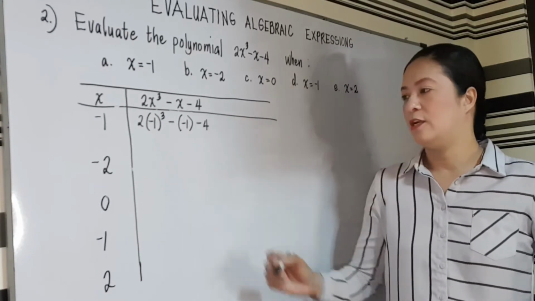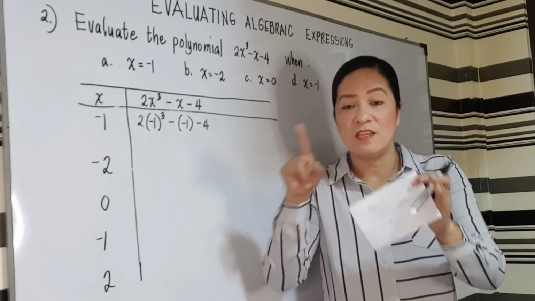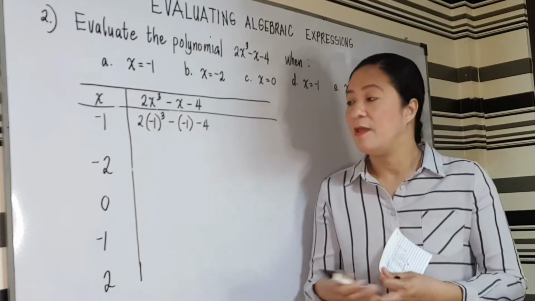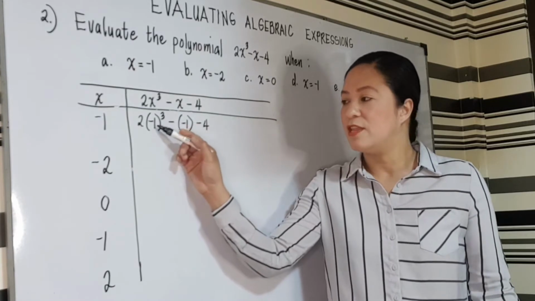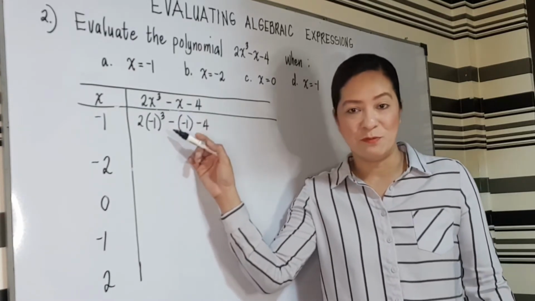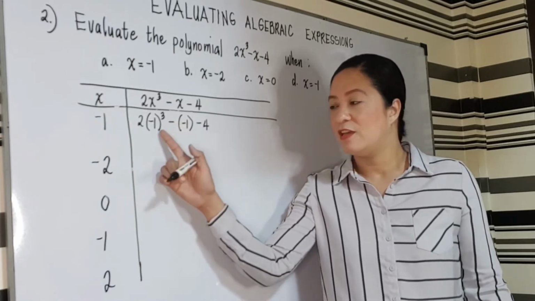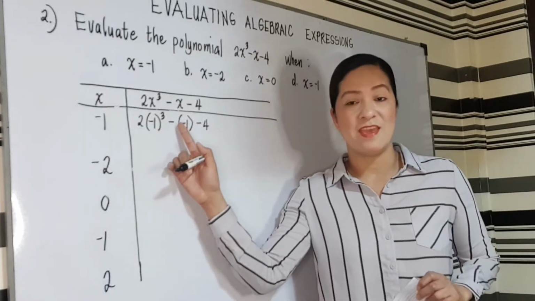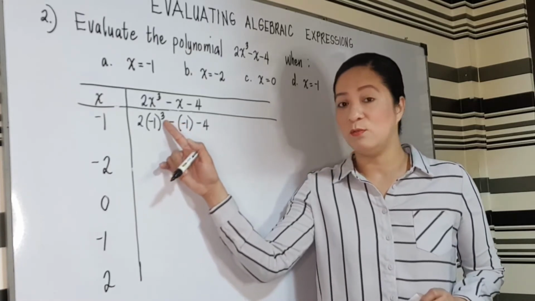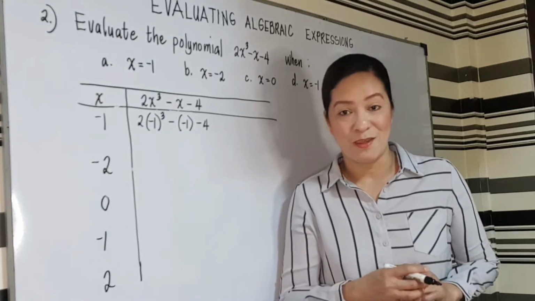Ayan, kapag negative yung value, it's better to write it with parentheses. Now, you have to raise to power first. So, negative 1 quantity cube. Katulad nung sinasabi ko kanina, kapag meron kang base na negative and your exponent is odd, like this one, the sign of the answer will be negative.